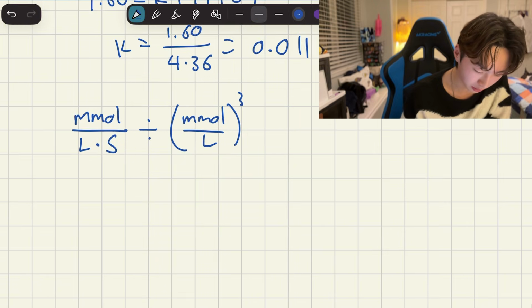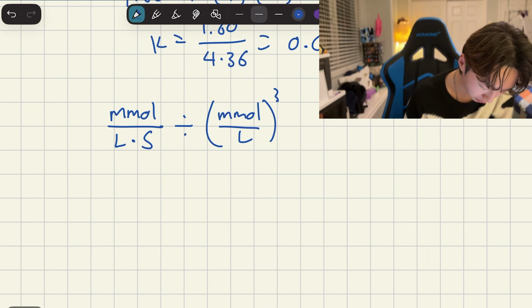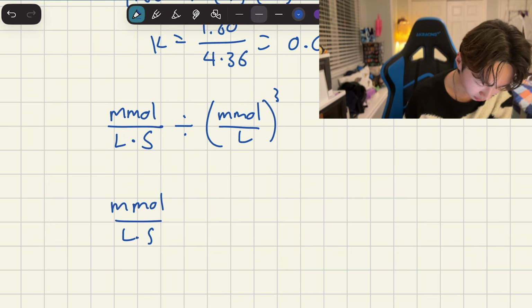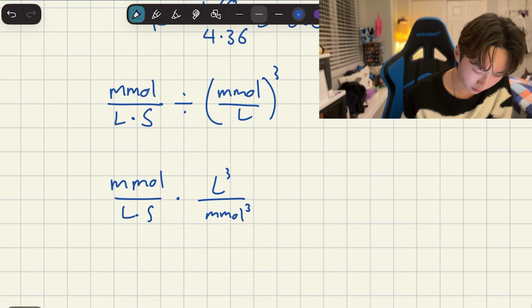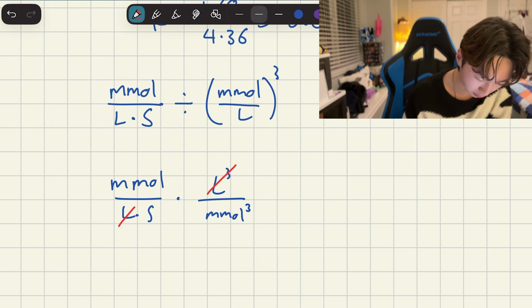And we can do the math here. It's going to become millimole per liter times second times liter cubed over millimole cubed. And then we can see that this cancels with this, which becomes liters squared. This millimole cancels out this millimole, becomes millimole squared.